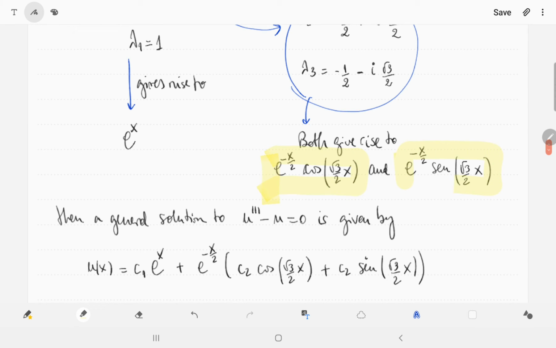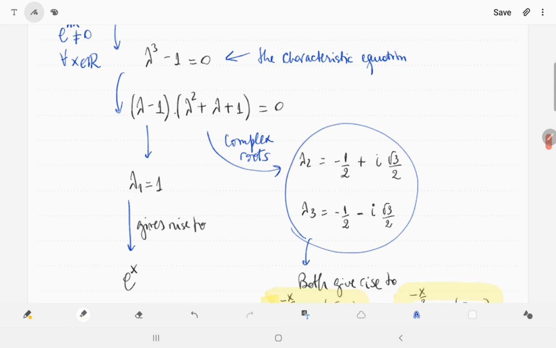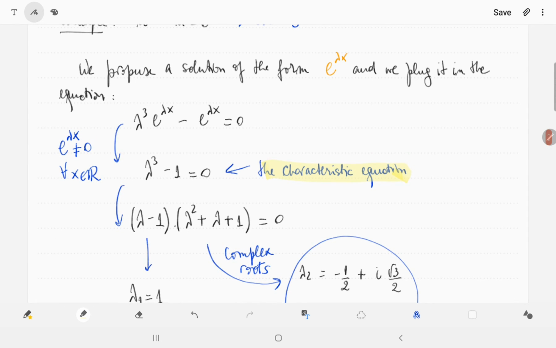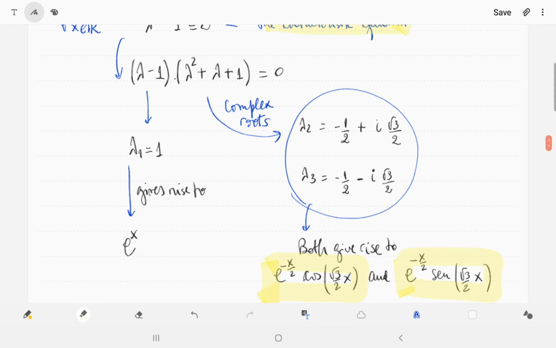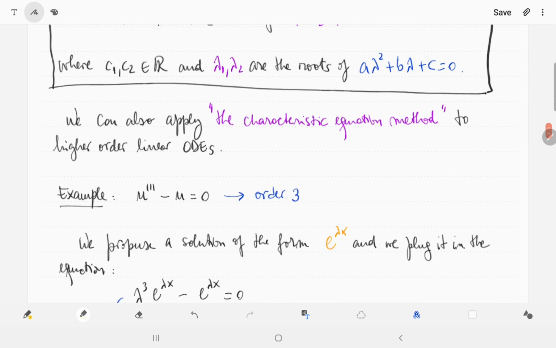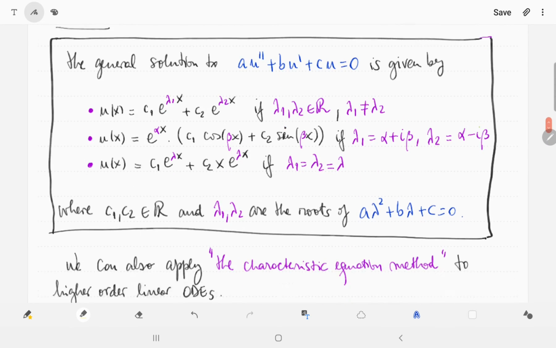So in some sense, once we have the roots of our characteristic equation, we can just, for each quadratic equation, use the previous result, this conclusion here.